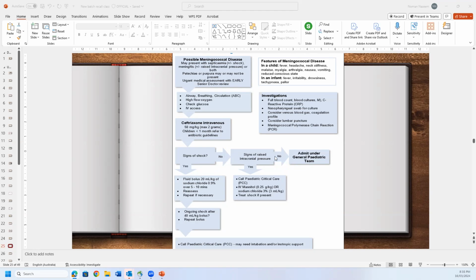Lumbar puncture, and the lumbar puncture can have PCR for the meningococcal organisms. No, steroids is not given to all patients. It's given to the patients who are more than 2 months of age.